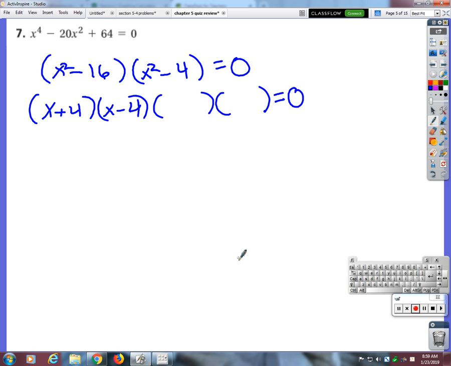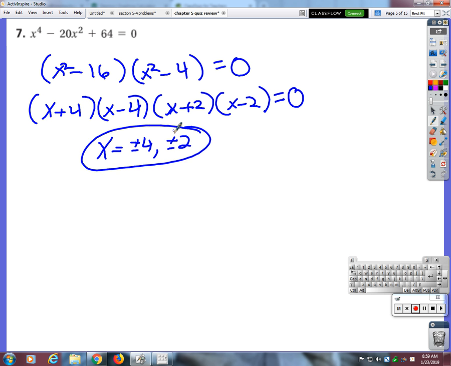And then x squared minus 4 is also the difference of two squares. That factors into x plus 2 and x minus 2. Which means that our 4 answers are 4, negative 4, 2, negative 2.